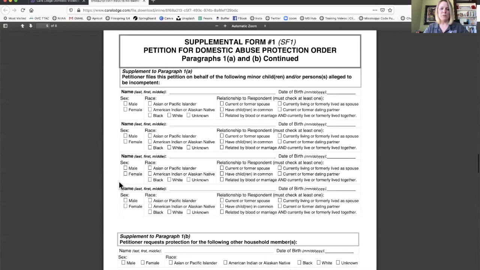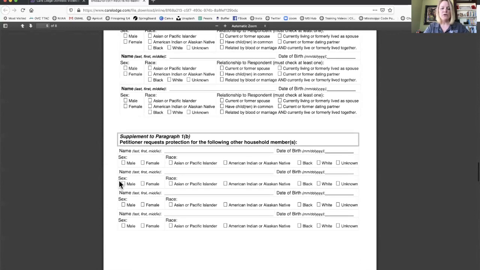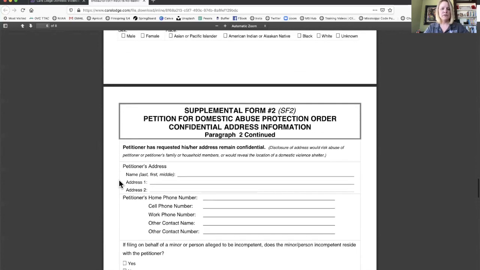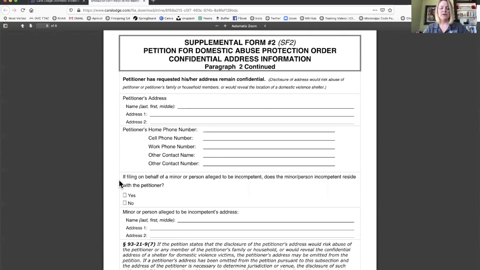Here's supplemental form 1 that I spoke of earlier regarding additional people that need to be protected in the home, or if you're filing in behalf of somebody who cannot complete this form on their own. Supplemental form 2 is given here. This is the address confidentiality I mentioned earlier, where the court needs to know how to get in touch with you, but you are wishing for the abuser to not know where you now reside.